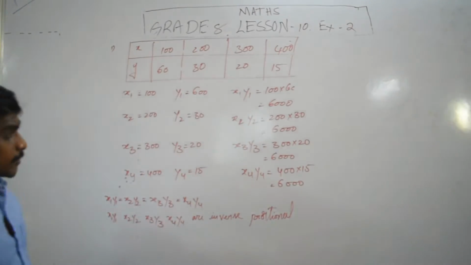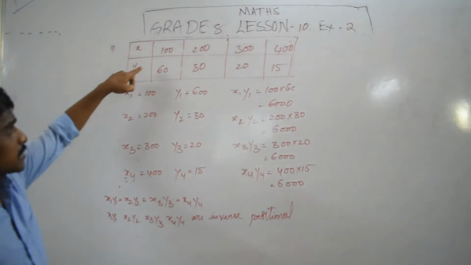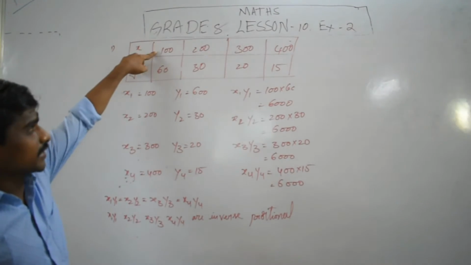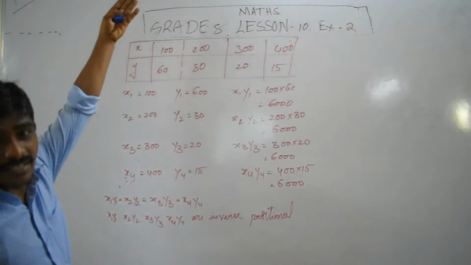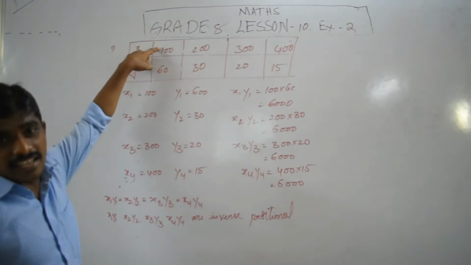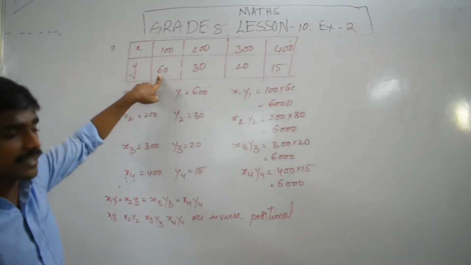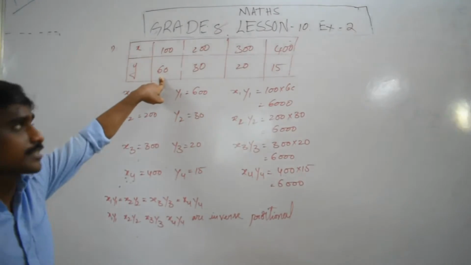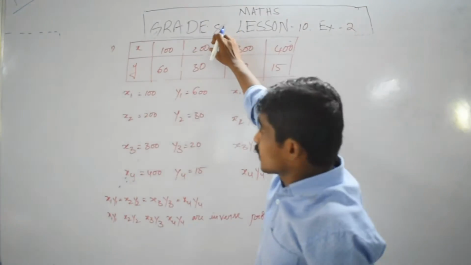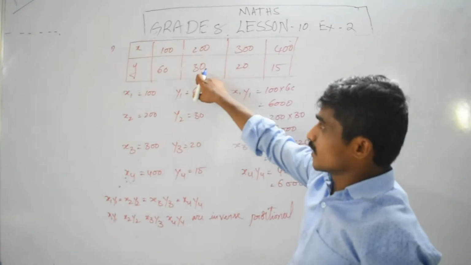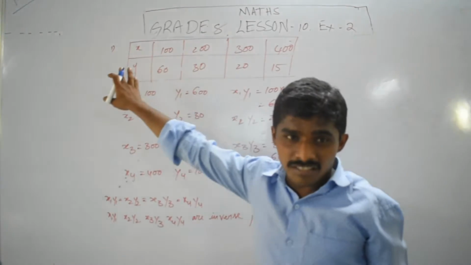See, inverse proportional means, here see, x quantity increasing, here given x quantity 100, y quantity 60. Now here x quantity increasing, y quantity decreasing. So constant decreasing.